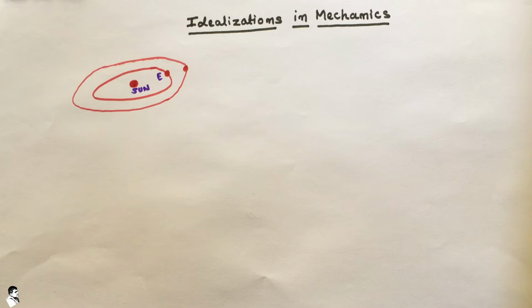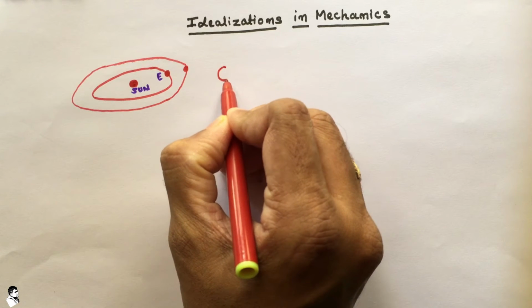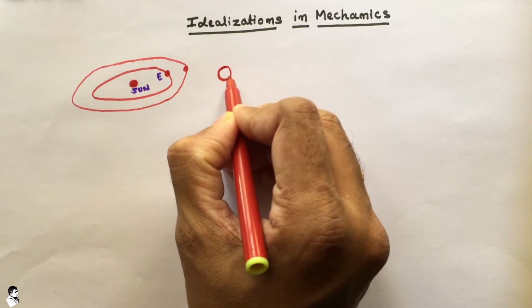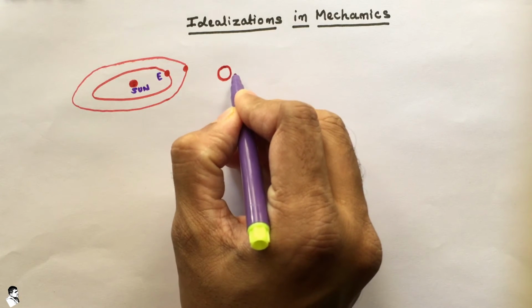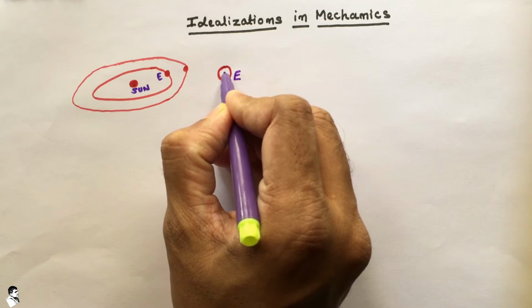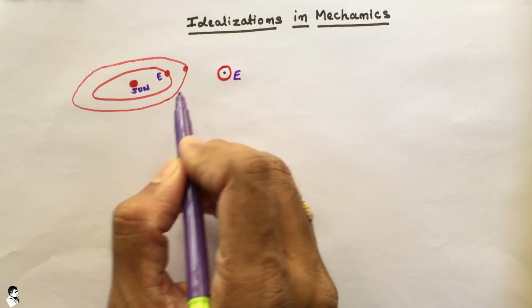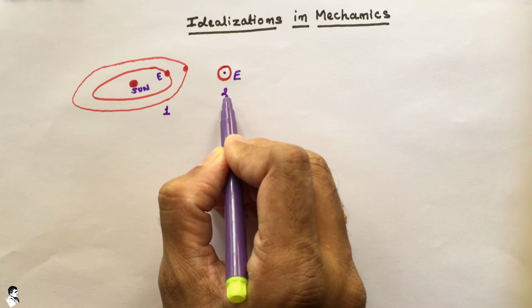However, to study the planetary motion about its own axis, if we consider earth as a single body, now this is our earth and this is the body that we want to study. So there are two cases, case number 1 and case number 2.